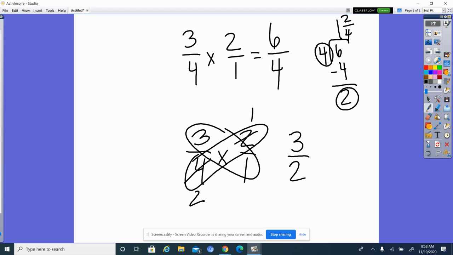We just have to quickly put it into a mixed number. What are we going to do? Take out a whole. What is a whole? 2 twos. 3 halves minus 2 halves is? 1/2. Remember that. Okay, so we have 1 1/2. Look, it's already simplified for us.